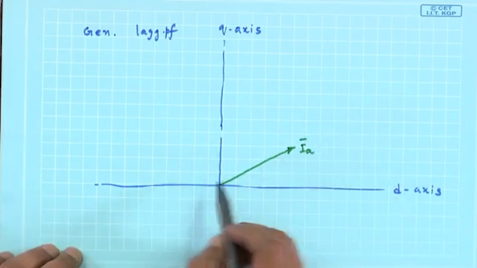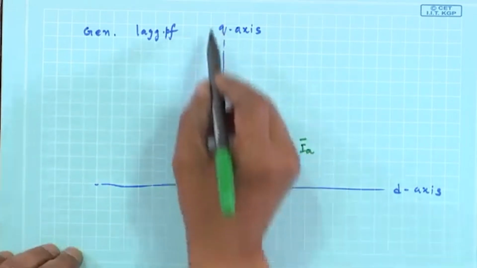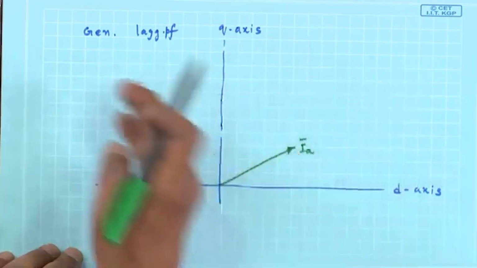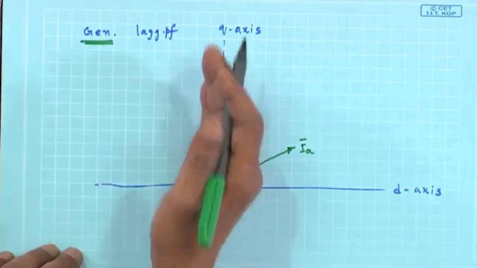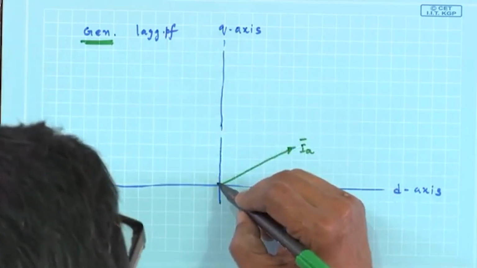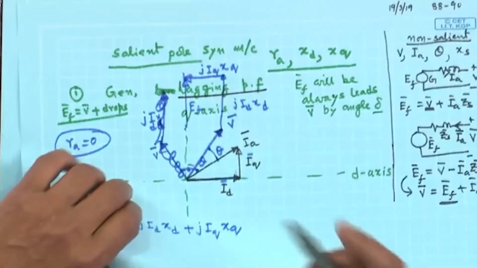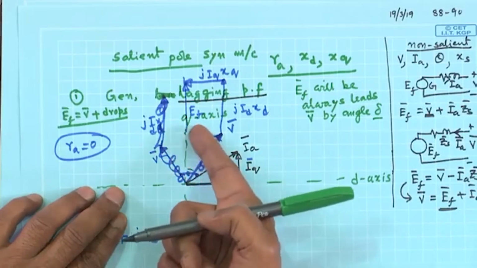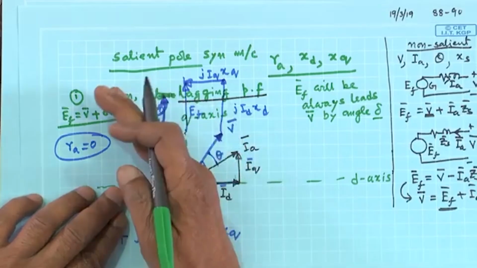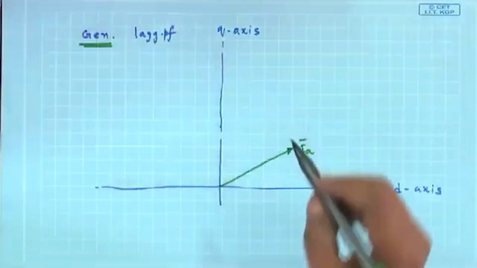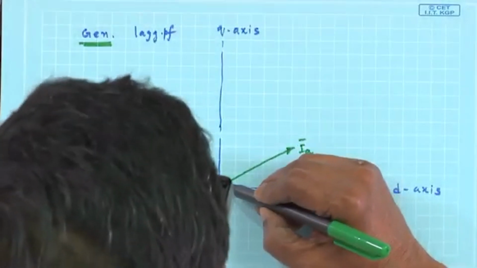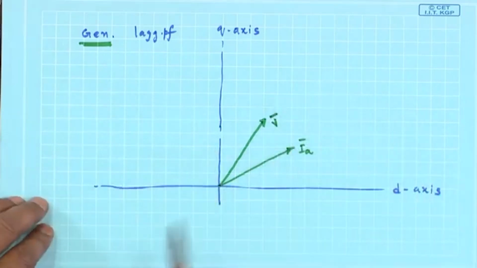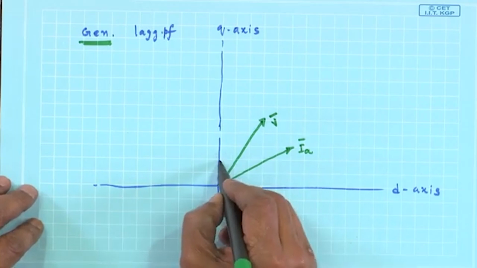And I know Ef will lie here. Then V must be, because Ef always leads V in case of generator mode, Ef will always be ahead of V. Therefore, drawing of V this side, which I did for the first time, it is better, you also understand. V cannot be here, because generator mode tells me that V will be behind Ef, understood. So, V must be here.